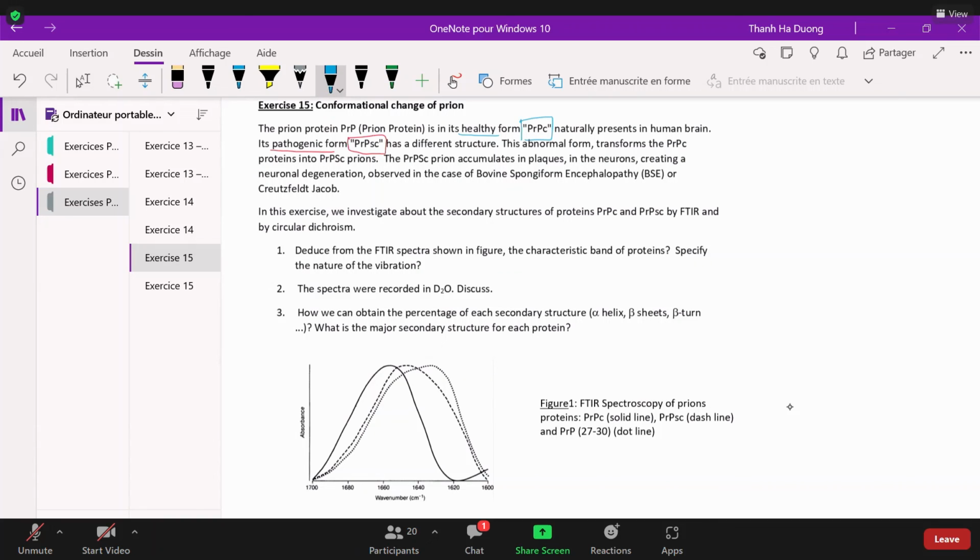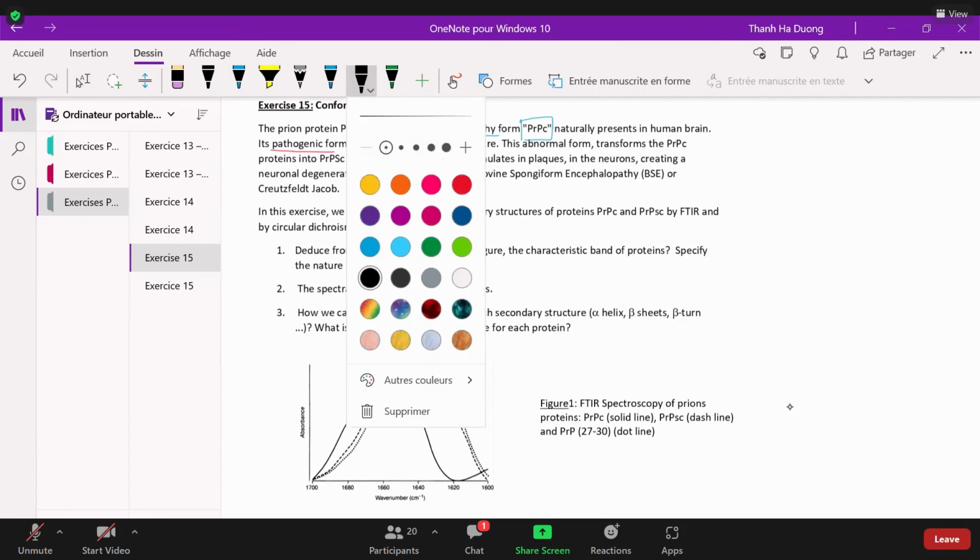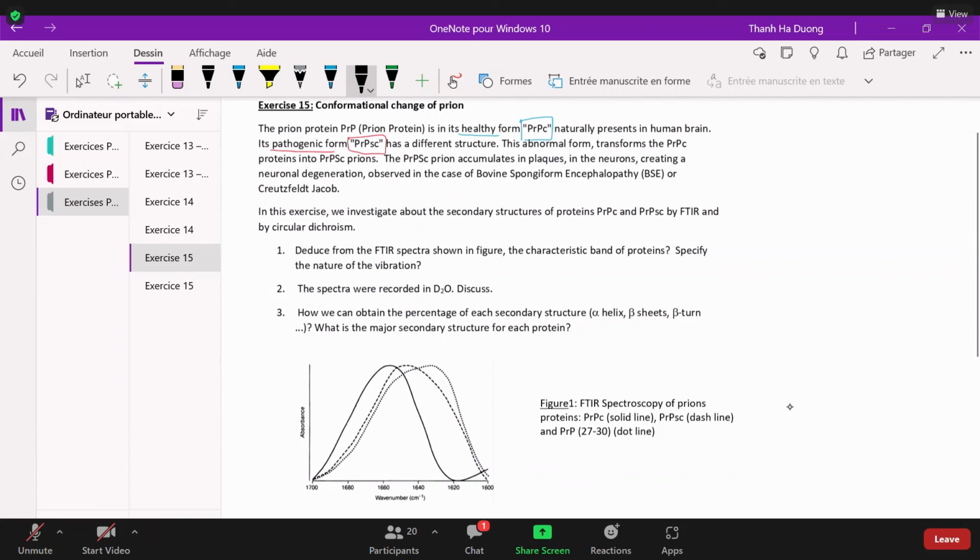For the nature of the vibration, I'll give you the answer because it's not quite important. It's the CO stretching band. And why do we record this spectra in D2O? It's because of the transparency window.